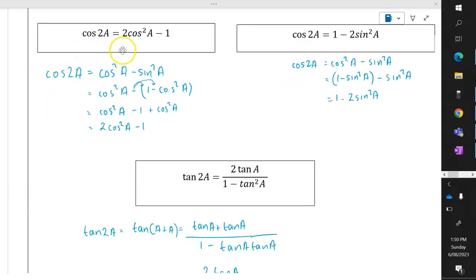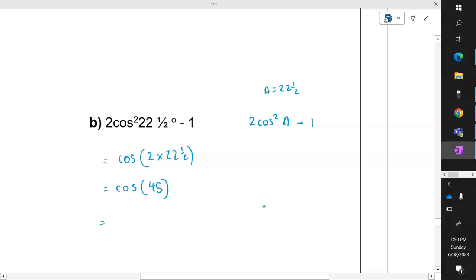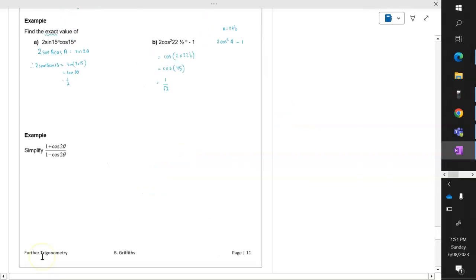Going back to our formulas before, here's something that looks similar to that. 2 cos squared a minus 1, that was cos of 2a, which therefore equals cos of 2 lots of 22.5, which is cos of 45 degrees, which we can do in our special triangles, which is 1 on root 2. Scroll down a little bit further for our last one.